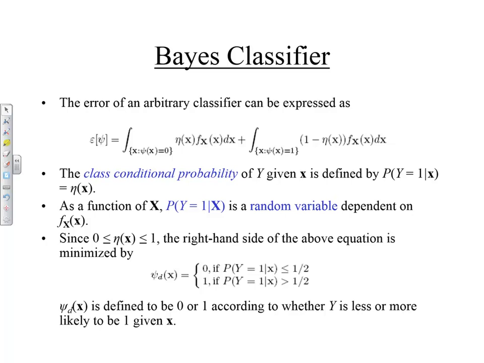And here I want all the values of x for which eta x is greater than half, I want them to come into this integral, right? And the way I can do that is by choosing psi such that I'll get psi x equal to 1, right? For all the values of x over here, where this guy is smaller. 1 minus eta x is basically less than or equal to eta x. How can we choose this eta?